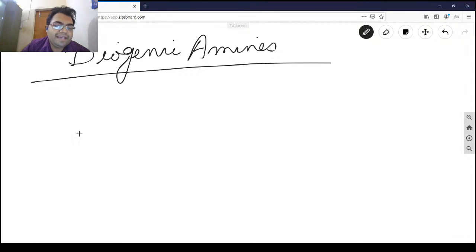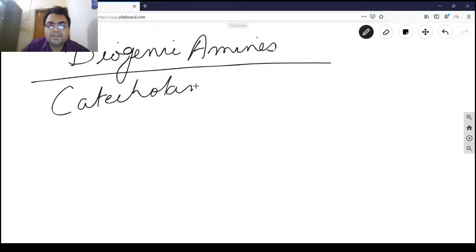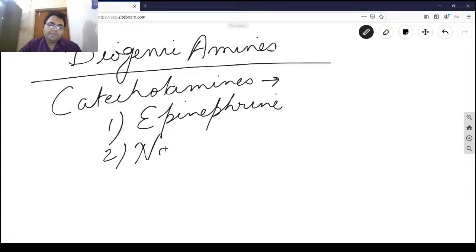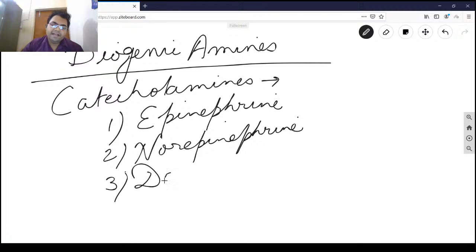Okay, so when we talk about the biogenic amine category, we have the catecholamines. Under catecholamines, we have epinephrine, then we have norepinephrine, then we have dopamine.